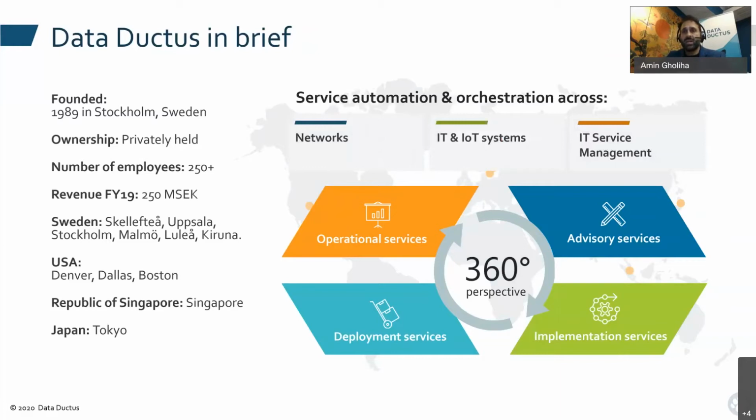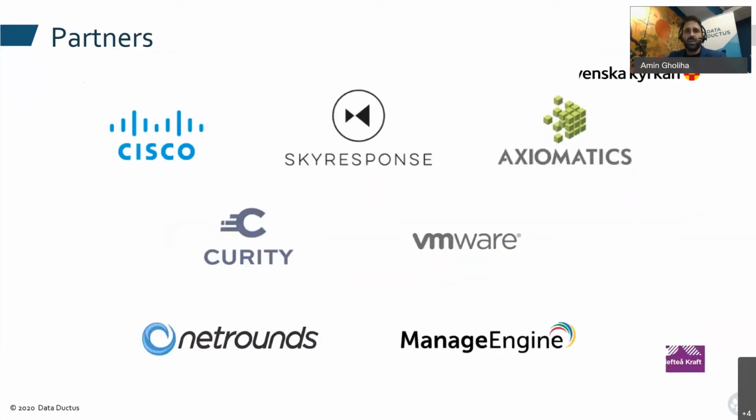Within IT and IoT systems is our medical part, and we also have IT and service management. We have some partners, but we are very open, and usually we work together with our partners, and a lot of our revenue comes from close collaboration with partners, and we have very extended experience with that.